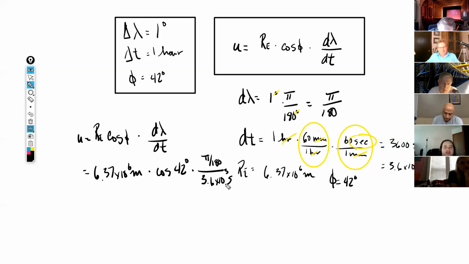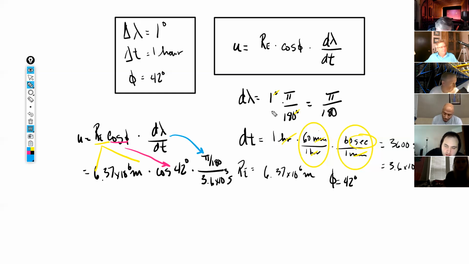The first segment of the equation: 6.37 times 10 to the 6th. That's the radius of the Earth, right? If you need to think in color, do that. That's this, this is that, and this is that.